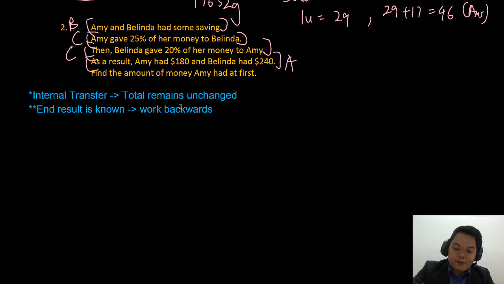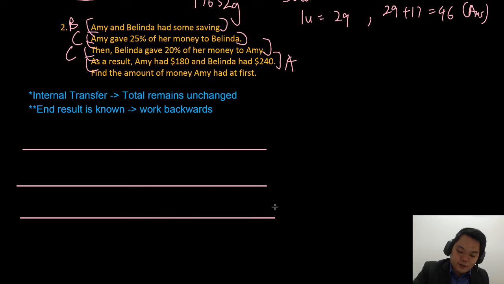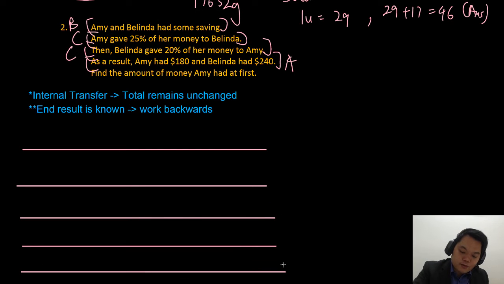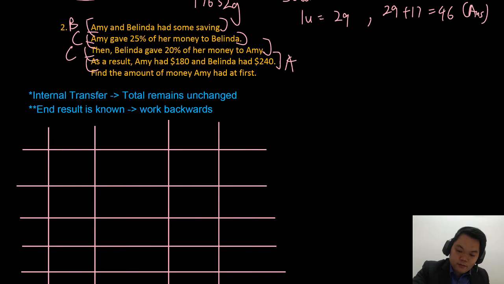So once you have this already, let's look at the whole situation. Okay, draw out your BCA table first. A, B, there are two changes over here.